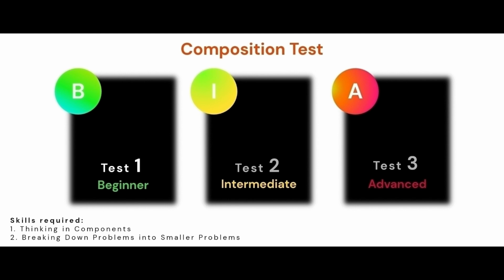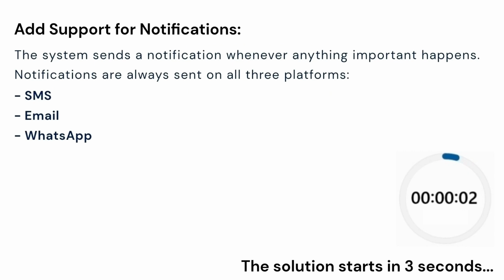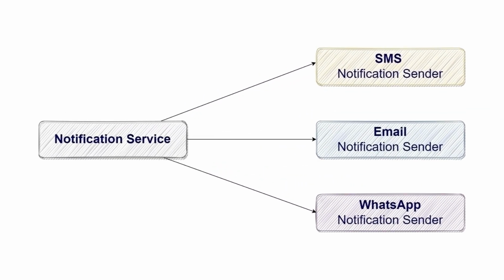Test 1. You need to add notification support to your system. The system sends a notification whenever anything important happens. Notifications are always sent on 3 platforms: SMS, email, WhatsApp. How will you implement this? We will need 3 major components: SMS notification sender, email notification sender, and WhatsApp notification sender.